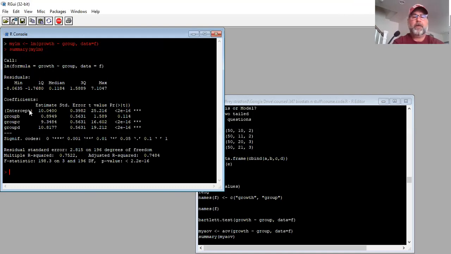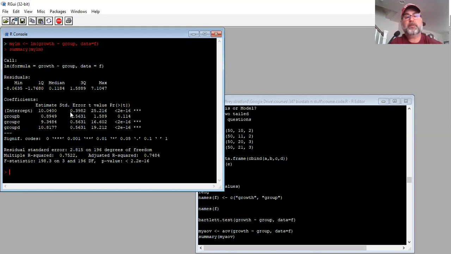And the first thing is the intercept, so that is your baseline. If you remember, we did a random draw from a mean of 10, so the fact that we got 10 is not surprising. That's our mean of group A.